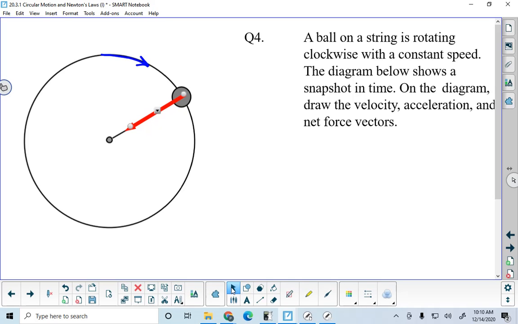And this is a difficult thing. In class, I would ask people to point with their hands which way it's moving. But here, I want you to try to put into words the direction that it's moving at this point in time.